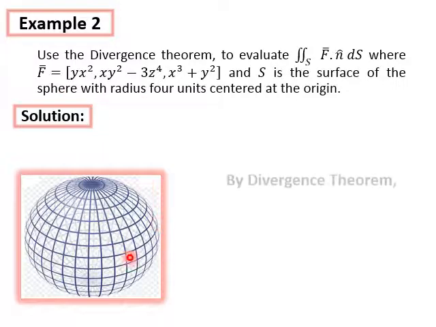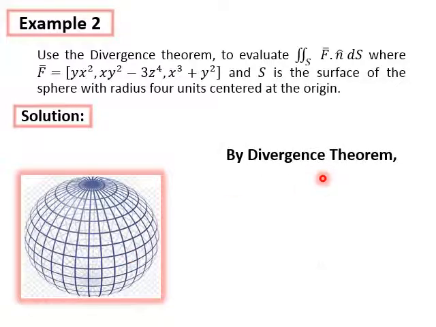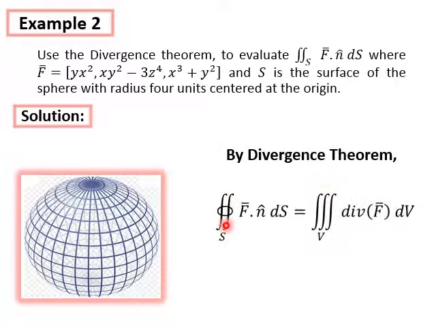Like this. By divergence theorem, double integral over S f bar dot n cap ds is equal to triple integral over V of divergence of f bar dV. Here divergence of f bar: differentiating the f1 component with respect to x gives 2xy. The f2 component differentiated with respect to y, 3z power 4 becomes 0.